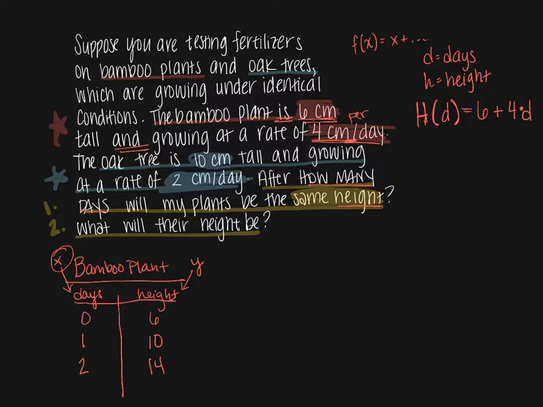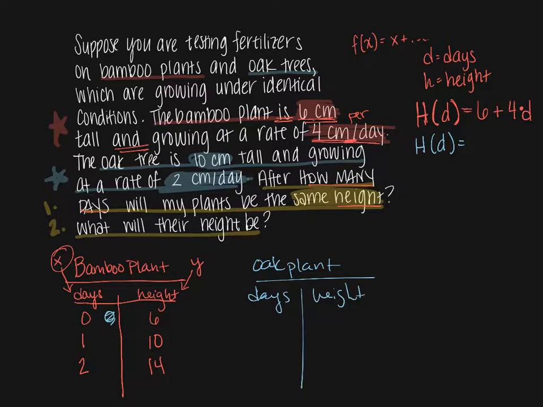Well, then I need to write a system for my oak tree. And my oak plant also has height as a function in terms of days. It's just going to be different numbers. So on day 0, well, let's maybe do a different chart. Oak plant. Days and height. So at day 0, it starts out how tall?